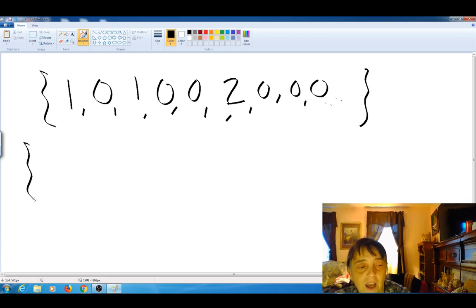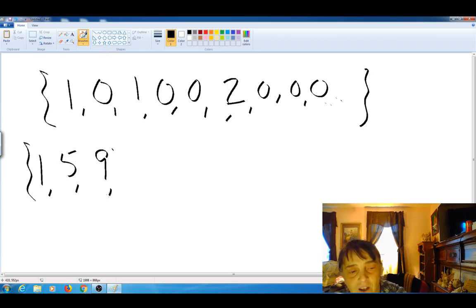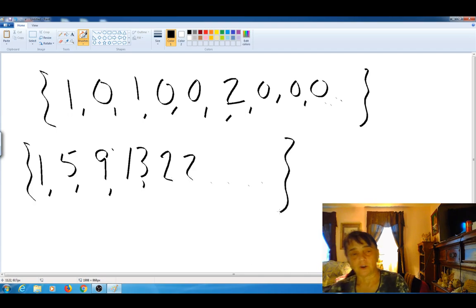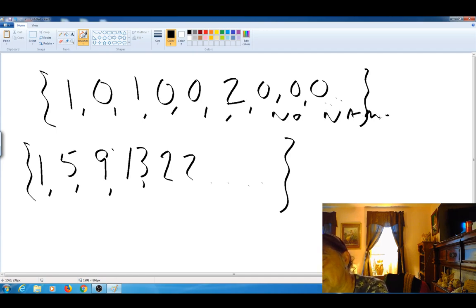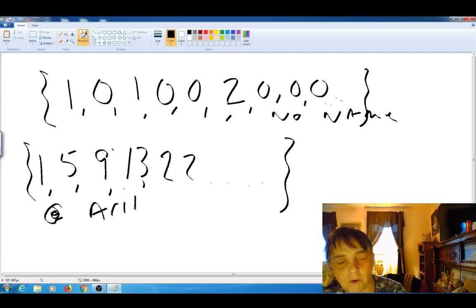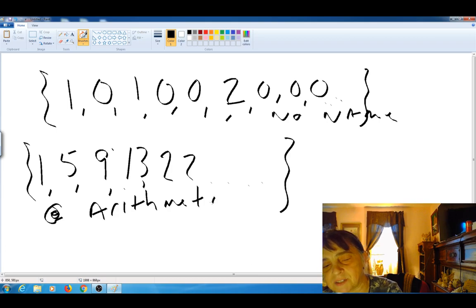Or you could have 1, 5, and then 9, and then 13, and then 13 and 9 is 22, and you predict the next term. So this one right here, the top one, does not have a name. And this one is an arithmetic sequence.